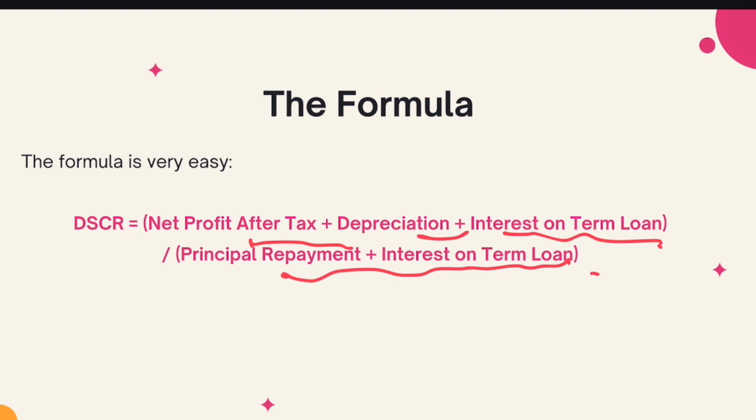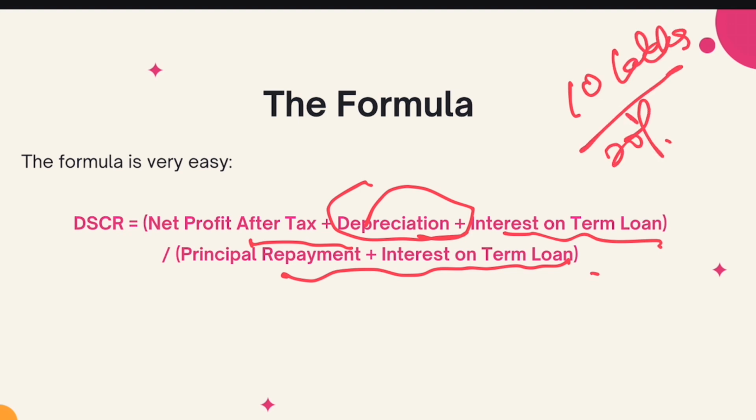Now you might ask why depreciation is taken into account, right? Since all of you know that profit after tax is calculated after subtracting depreciation from the profit. But the money is still with the company, right? So it is added back. Okay, for better understanding, let's take an example. Suppose you have purchased machinery worth rupees 10 lakhs, and 20% depreciation is calculated on this.